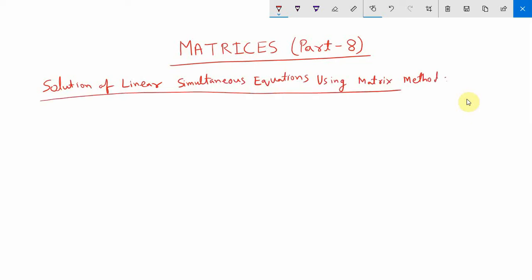So let us consider a system of n linear equations in n unknowns. Let x1, x2, x3 up to xn be n unknowns, and the number of linear equations is n, so that we can solve this. If the number of variables is n, we need n equations to solve the equations and get values for each variable.